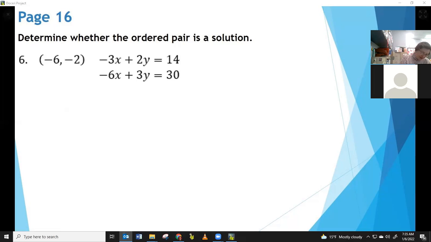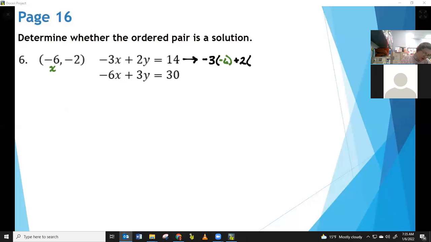Let's go with the top equation first. What am I putting in the place of the x? -6. Awesome. Here's my x. And then I'm going to recopy the +2.